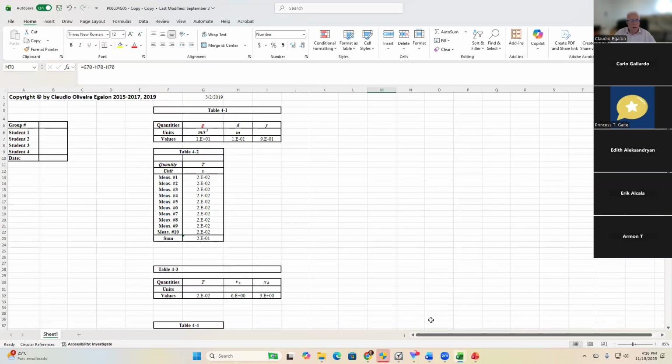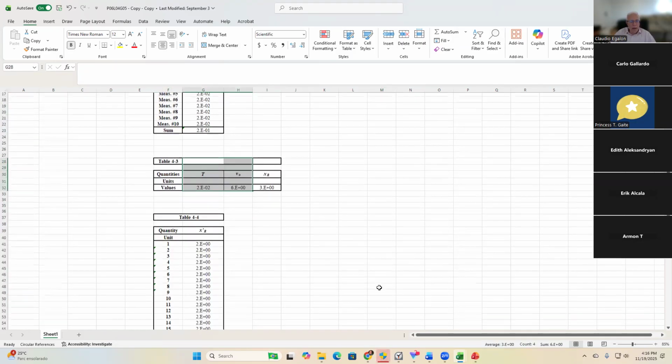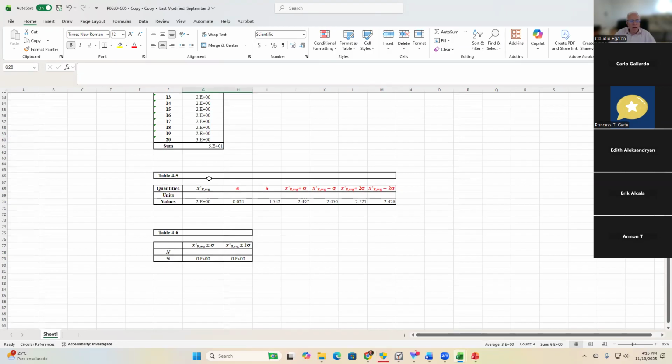Okay, that's the spreadsheet that you should see, okay? A total of 1, 2, 3, 4, 5, 6 tables. Total of 6 tables.